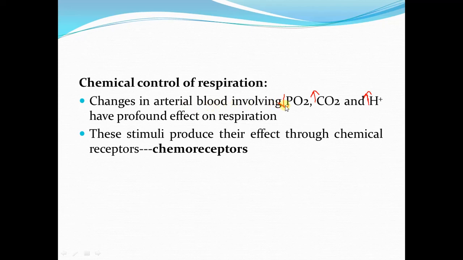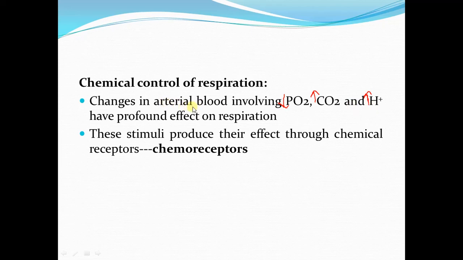Decreased partial pressure of oxygen is going to stimulate the respiration. Increase in the concentration of carbon dioxide and increased concentration of hydrogen ions stimulate the respiration. For increased concentration of hydrogen ions, we can also say a fall in the pH of arterial blood.